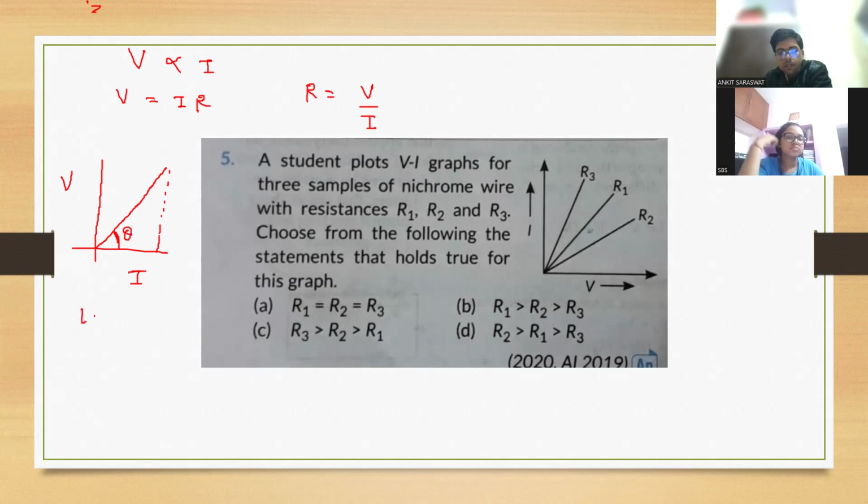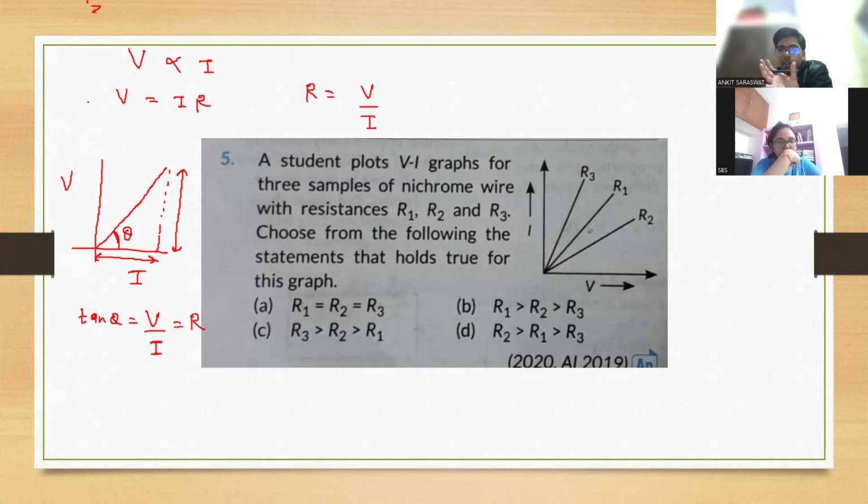Tan theta is perpendicular by base. This is V, voltage, and this is current. So voltage by current tells us what? Resistance. Clear? It is the slope of the graph.